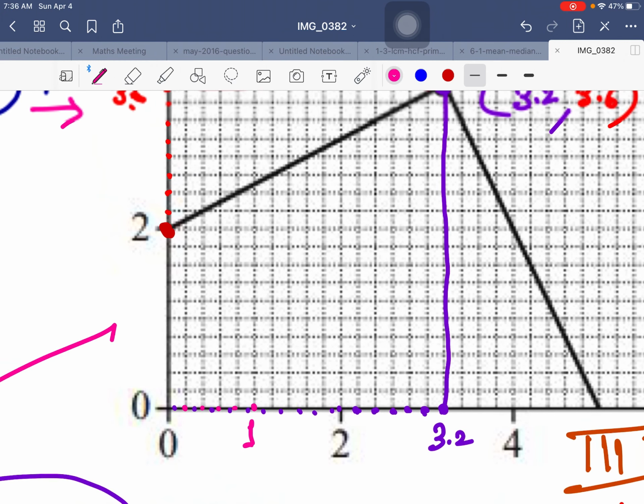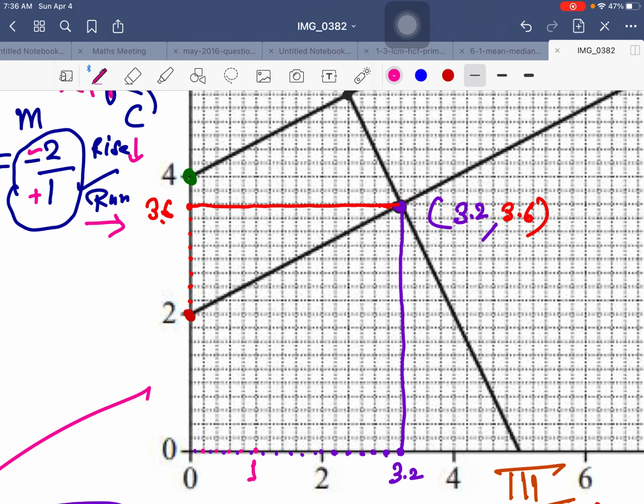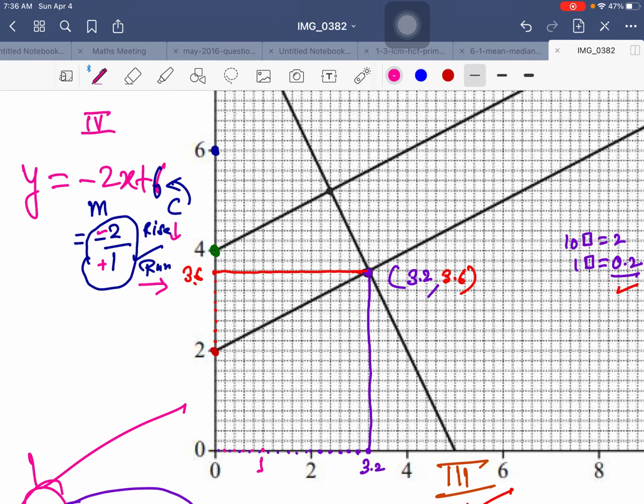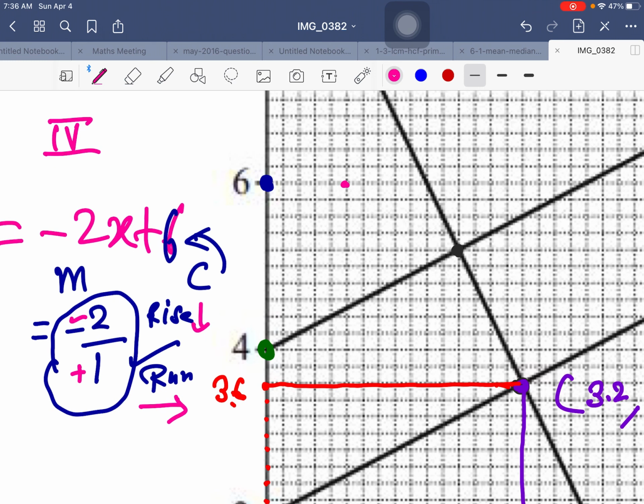So this is 1 point, and I move with this point because I have to reach up till 6. So 1 is here. So my run was 1. From the y-intercept, I will run in the positive direction because my run is positive. I will move rightward and I stop at this point.